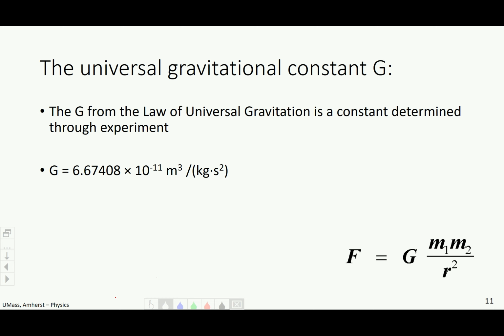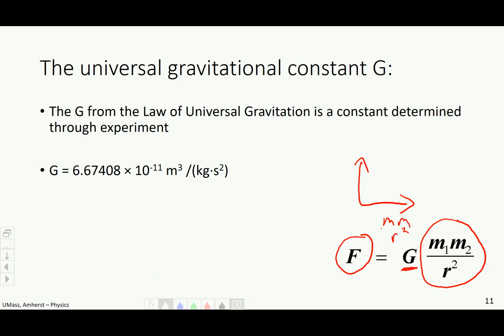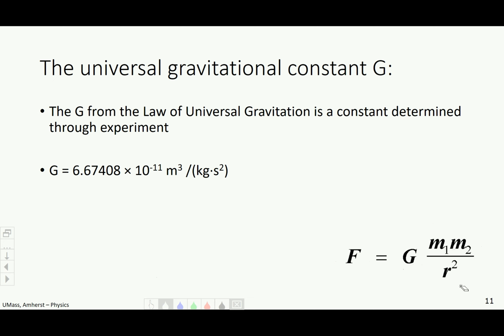Regardless, it can be determined through experiment by actually measuring the force applied and then measuring the two masses and the radius appropriately. You can just calculate G. It would be the slope of a graph of force versus m1 m2 over r squared. That would give you a slope of G. For you math nerds, I am one of them. And that has an experimental value.